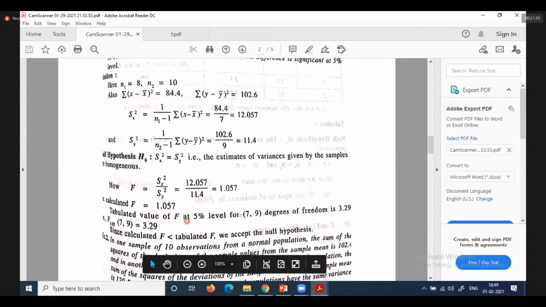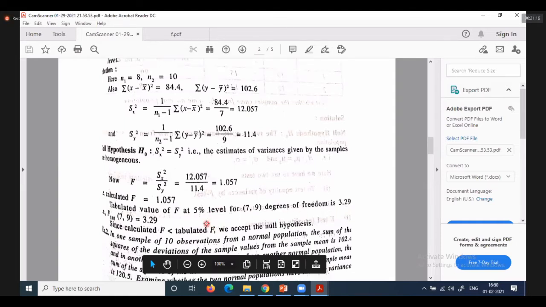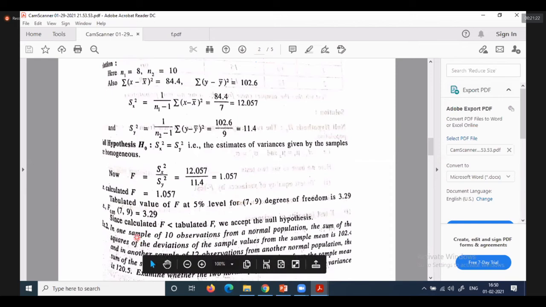F tabulated value is 3.29 and calculated value is 1.057. We have to compare those values. If F calculated value is greater than F tabulated value, we reject; otherwise, if this condition is not satisfied, we accept the null hypothesis.